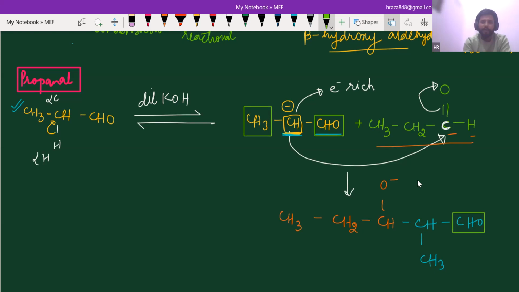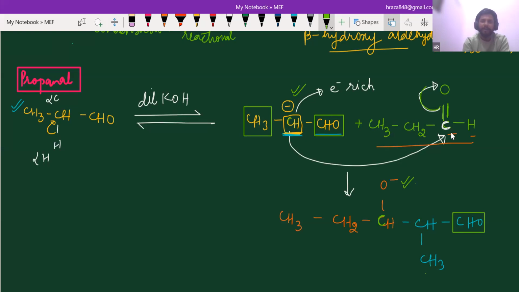So either you can write it on top or at the bottom. Where is the double bond, sir? Yeah, this C double bond O. Yes, sir. So oxygen is more electronegative, so oxygen took electron from carbon. That's why there was a negative charge on oxygen. On carbon there should be a positive charge, but at this time this carbon at the same time attacked this one.